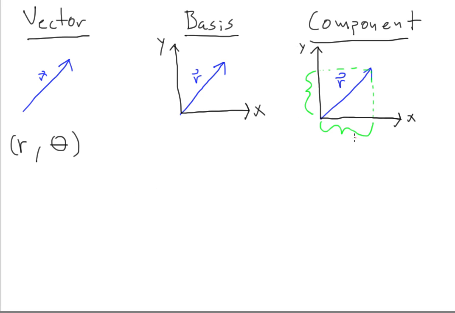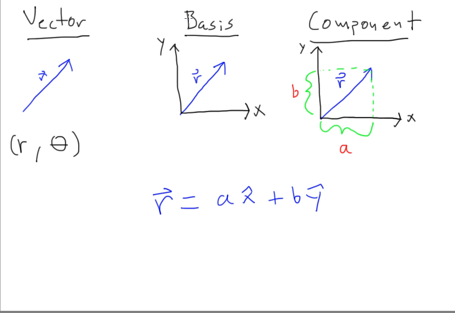And if they happen to be A in the x direction and B in the y direction, I know I can represent my vector as r equals A in the x hat direction plus B in the y hat direction. I think this is fairly basic if you've used vectors before, but we'll be using this intuition that we already have to learn something about Fourier series, which maybe we don't find as intuitive.